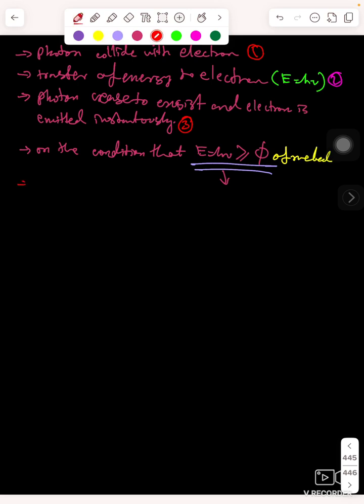And then the remaining energy is used as kinetic energy.